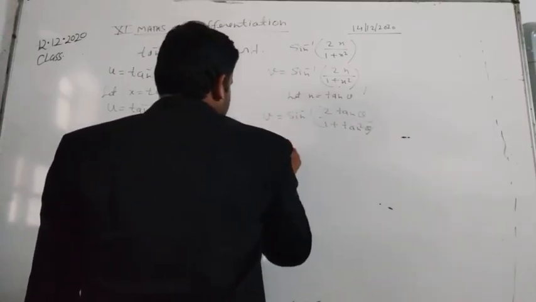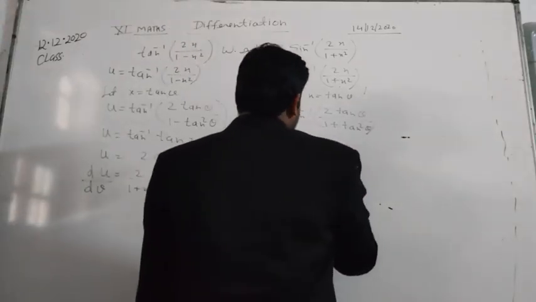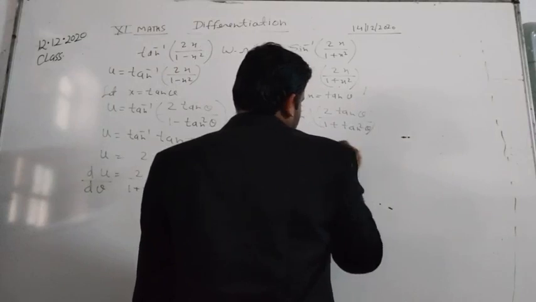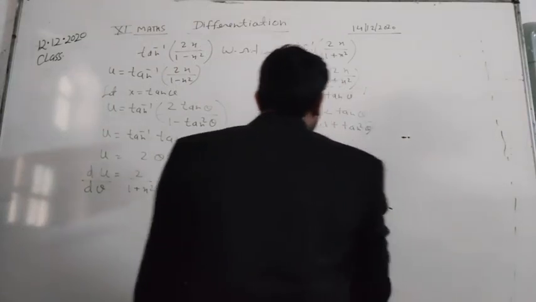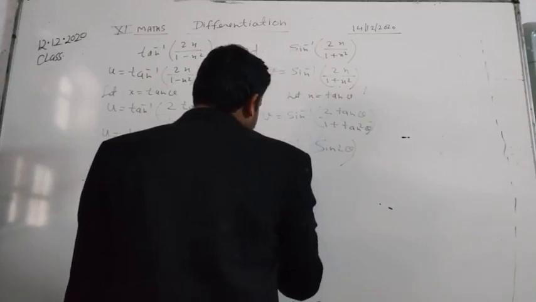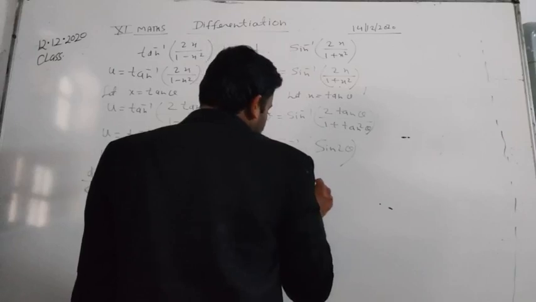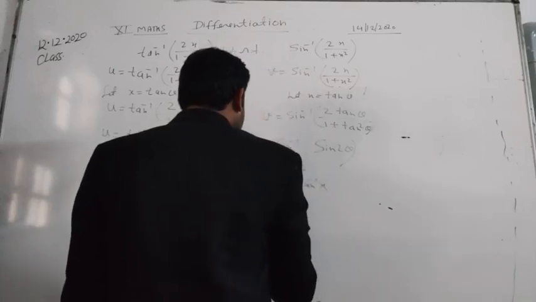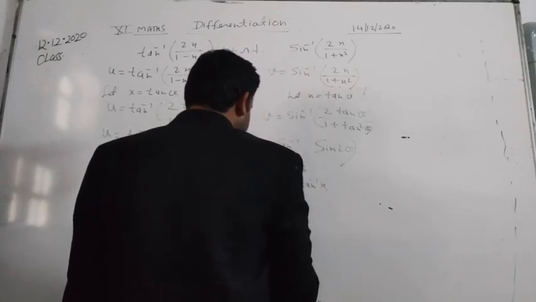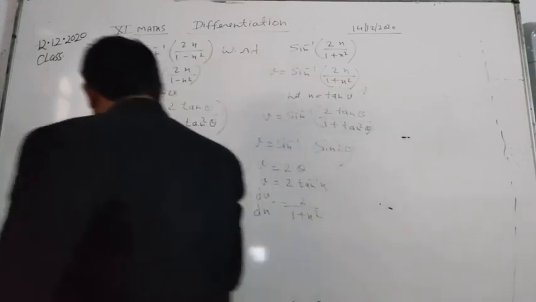So v is sin inverse, this is sin 2 theta. v is 2 theta. So v is 2 tan inverse x. Now dv by dx is 2 by 1 plus x square.